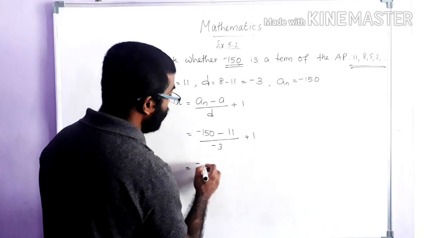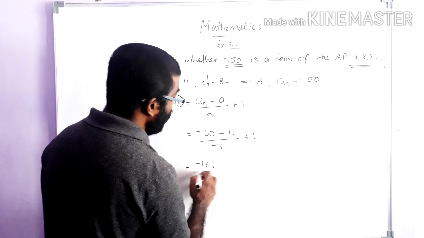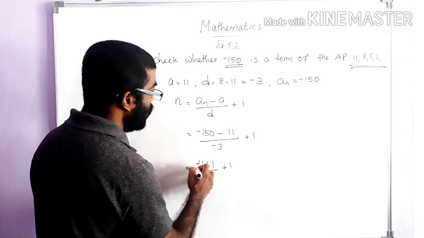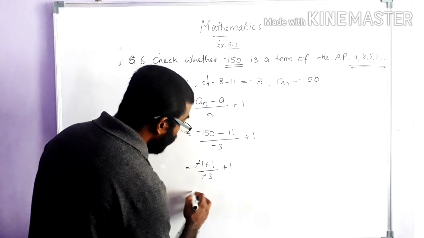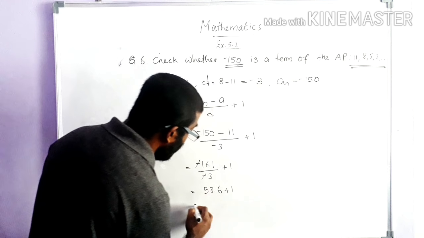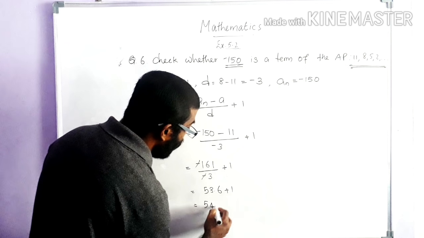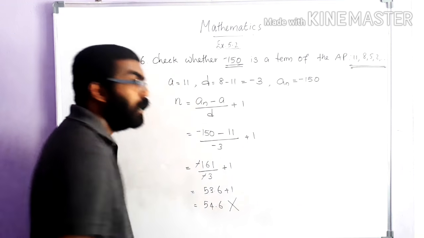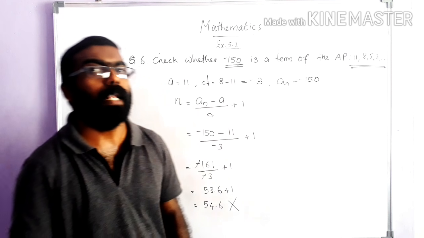That is minus 161 divided by minus 3 plus 1. Here minus and minus cancel, and on dividing we get 53.6 plus 1, that is 54.6. Here it is not possible because n is always a natural number.